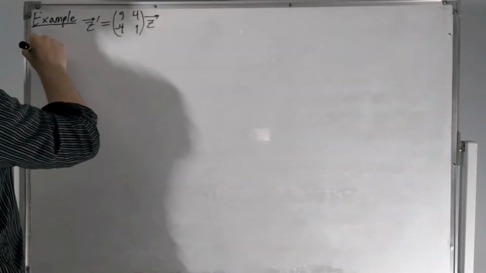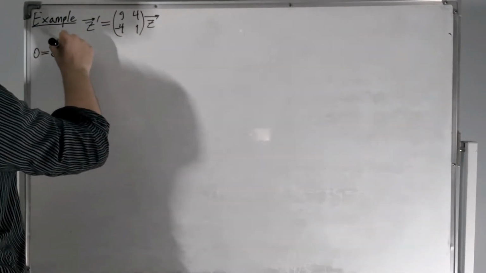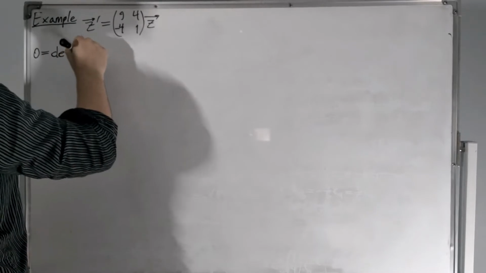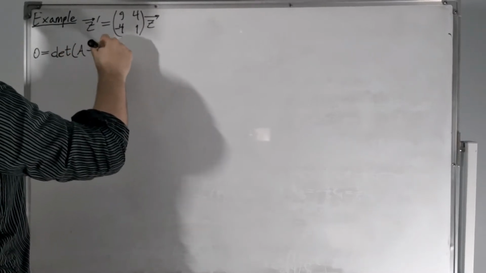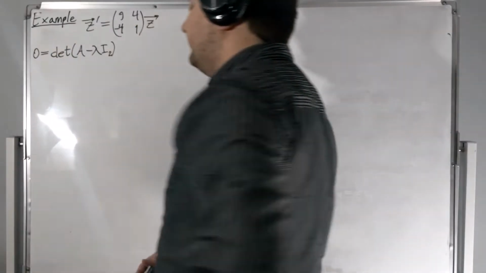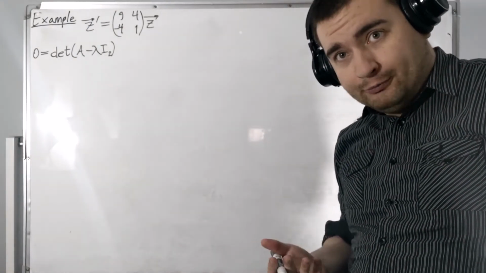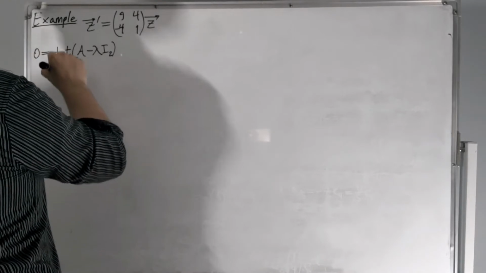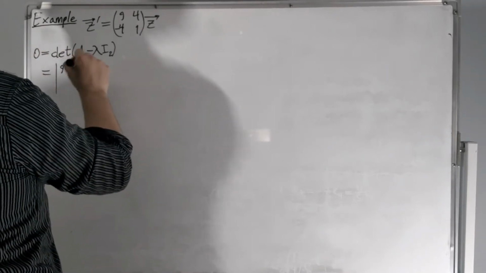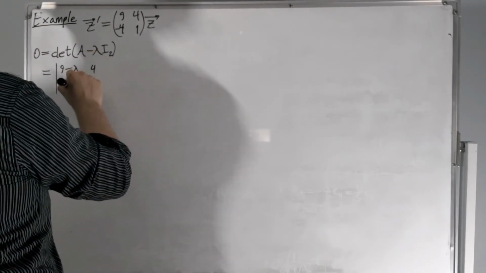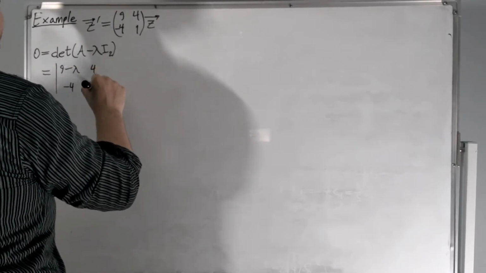We're still doing the eigenvalue method. It's just now, it gets a little weird. So we have to set the determinant of A minus lambda I2 to 0. This would be the determinant of 9 minus lambda, 4, negative 4, 1 minus lambda.